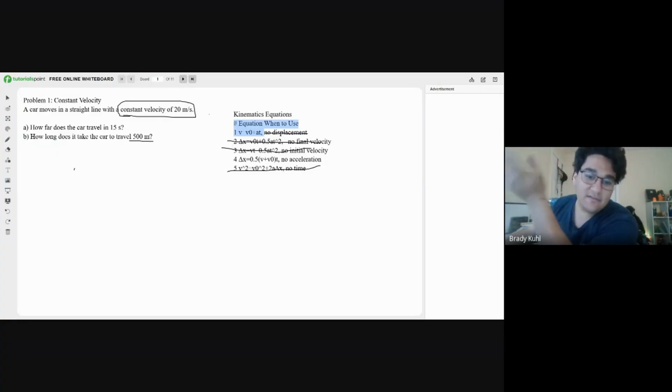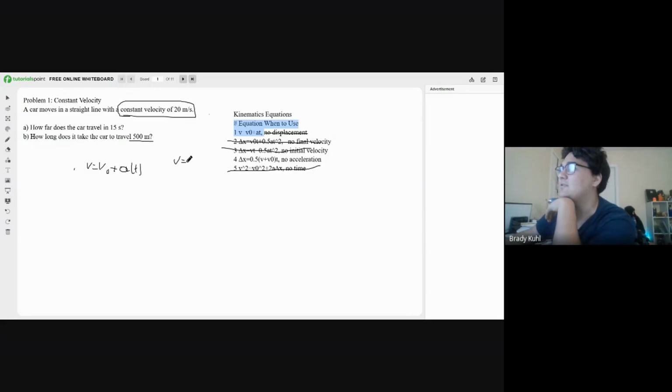We already know the final velocity because there's no acceleration: V equals V naught plus 0 times T, so V equals V naught. That doesn't change. However, we want to find the distance it went, so we can't use this equation. There's no final velocity given, so the only possible equation we can use is the one without final velocity.